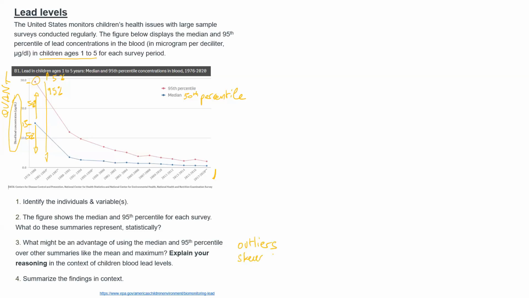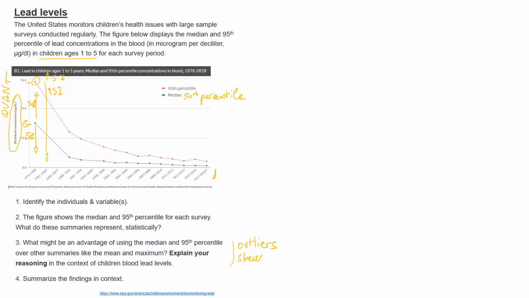And depending on whether your survey happened to have one of those really rare accidental cases or not, that would give you a completely different picture of the blood lead levels among young children. So using measures like the median and the 95th percentile give us more stable values, especially when we want to do comparisons over time from one survey to the next.